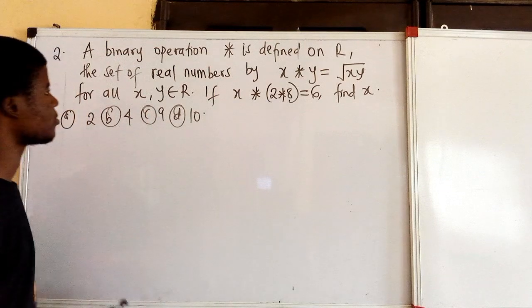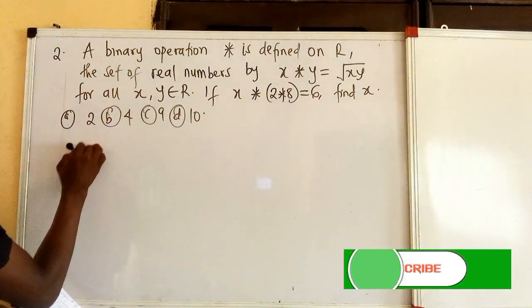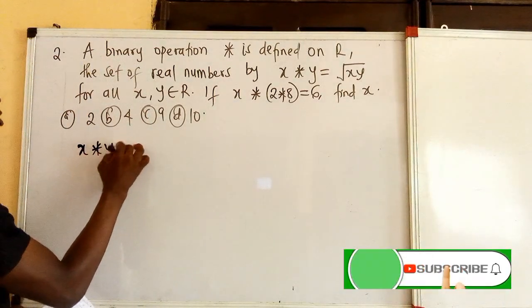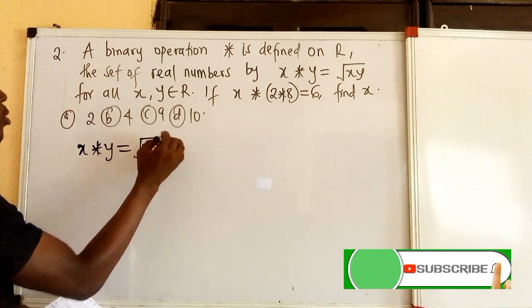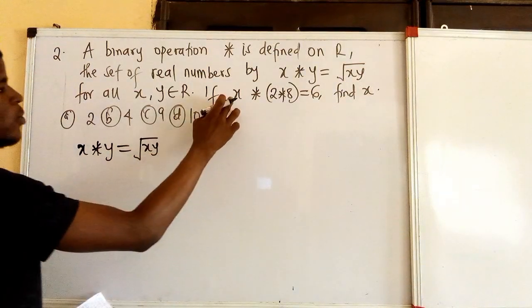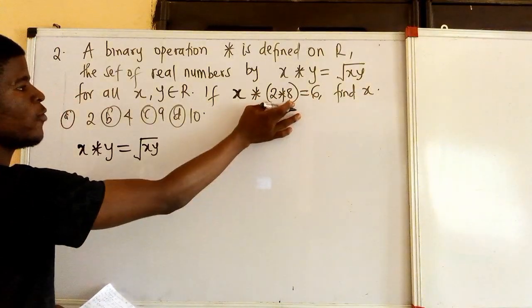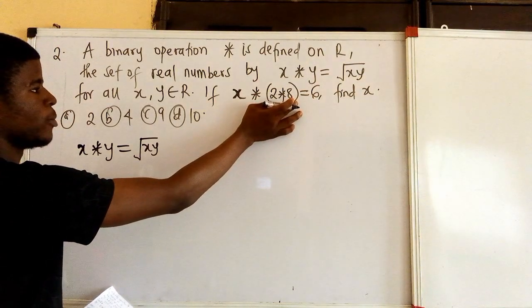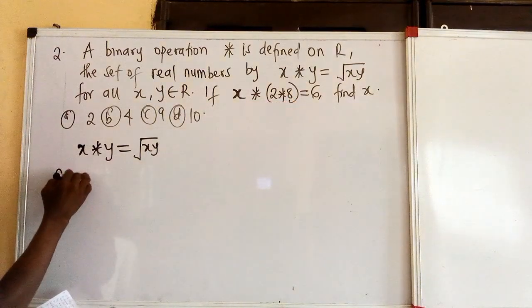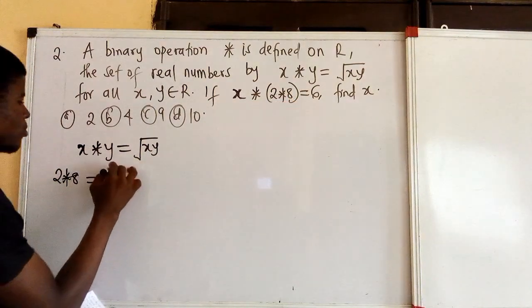Okay, let's see that. We are given that x operation y is equal to the square root of x times y. We want to get x given this. So I'll first of all look for the value of 2 operation 8. 2 operation 8 will be equal to this.